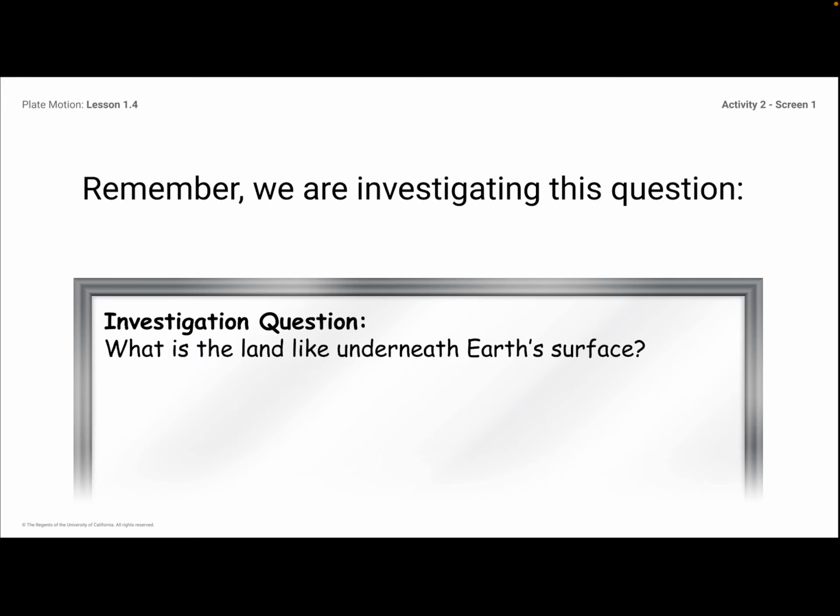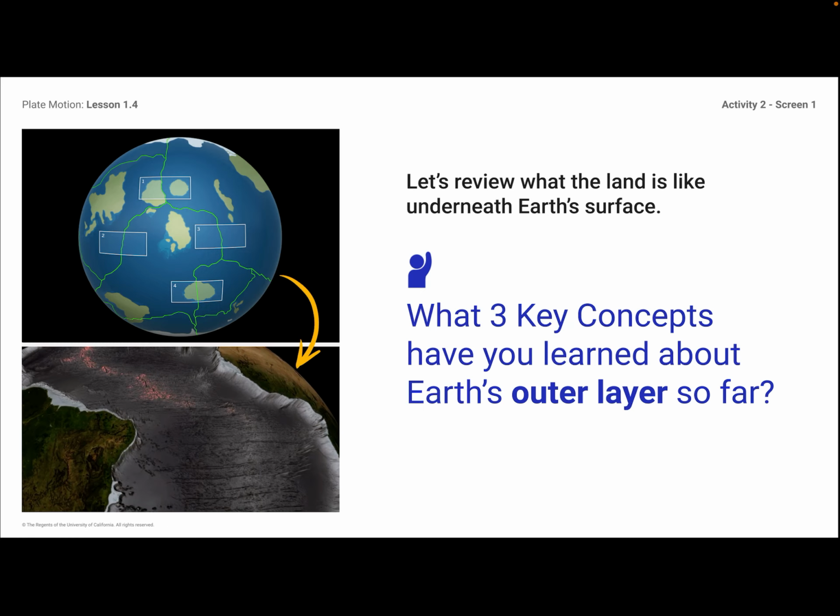Okay, so we're still investigating the question, what is the land like underneath Earth's surface? And I'm going to review what we learned yesterday about Earth's surface. You played with the simulation, and you were able to see what happens both on a surface view and a cross-section view, what's going on on the surface of Earth and what's actually happening under the surface of Earth.